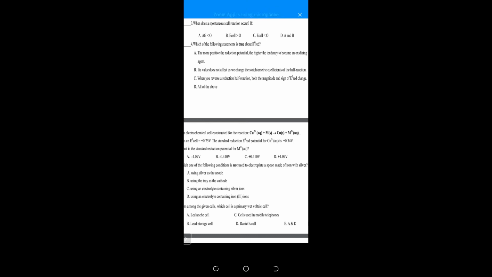ትልቅ አለው ማለት reduced ነው ማለት oxidizing agent. It is true. B: its value does not change as we change the stoichiometric coefficient of the half reaction. ምን ተባብለናል? ወይም ፕሮፐርቲው ላይ E naught value is it what type of property?